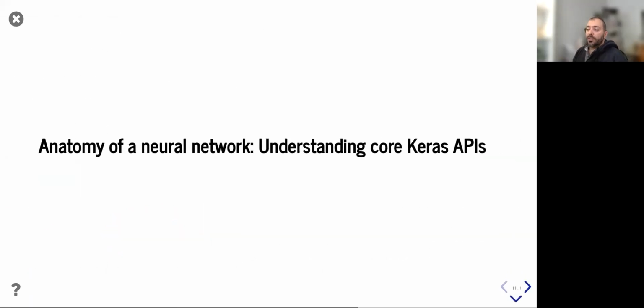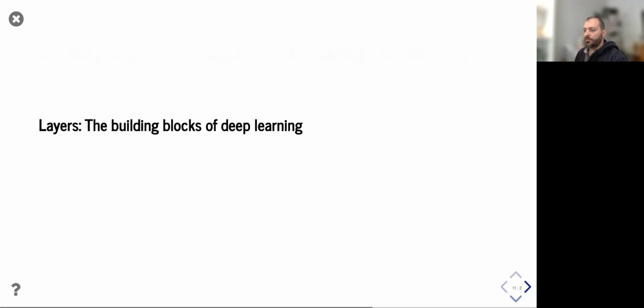Okay, so the anatomy of a neural network and how we can understand the core of the Keras API. As I mentioned before, and we will connect what we just did with Keras, layers are the building blocks of deep learning. A layer is a fundamental data structure in neural networks, and each layer takes some input, applies some operations, and then returns one or more output tensors.